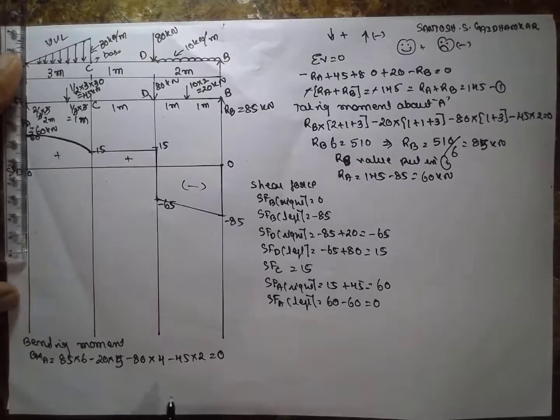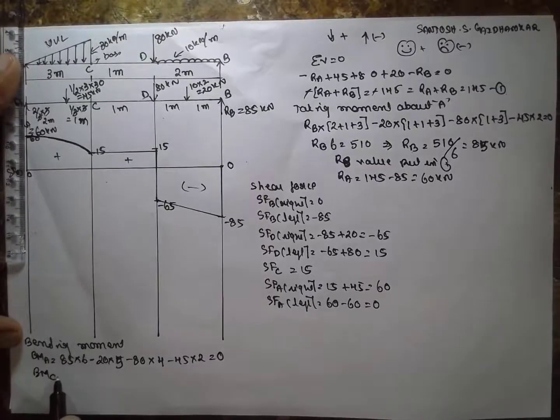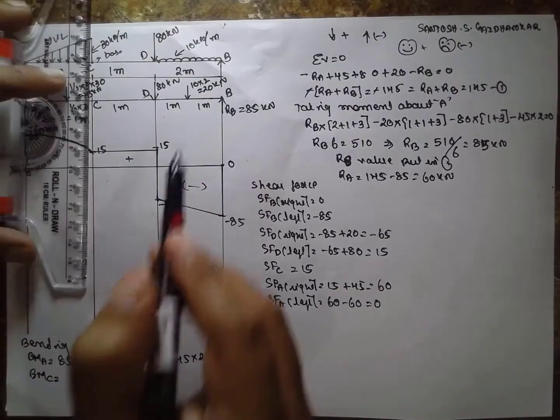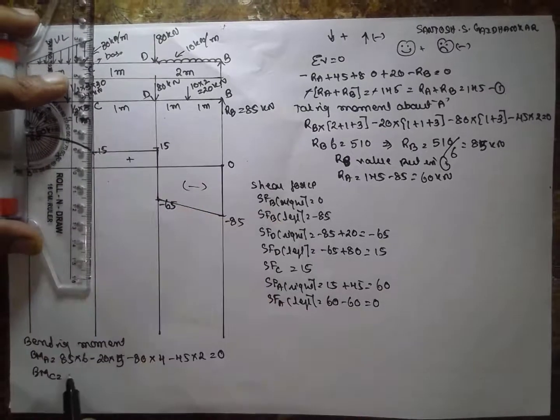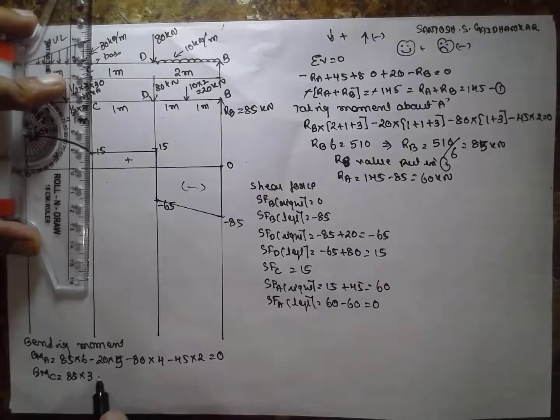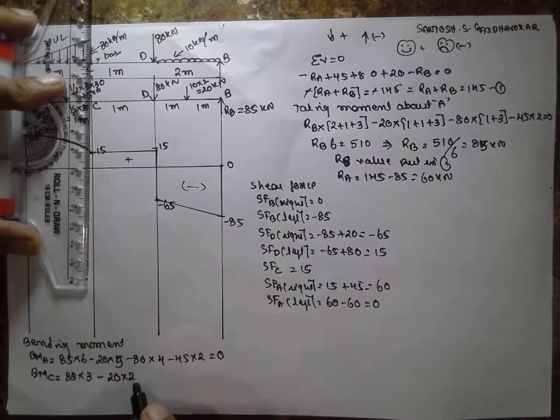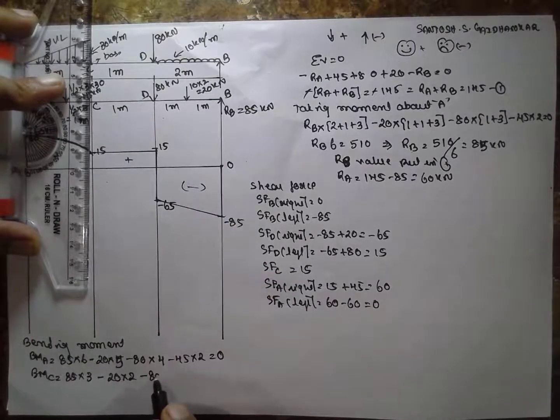Now bending moment at C. Now this part, I am reading this diagram. 85 into distance, that is 3, minus 20 into 2, minus 80 into 1.